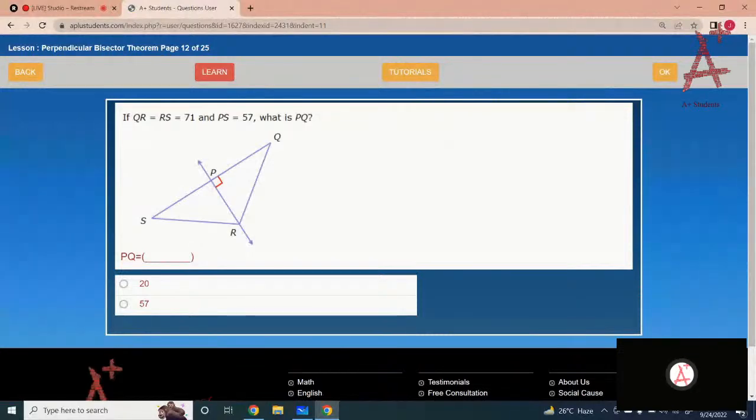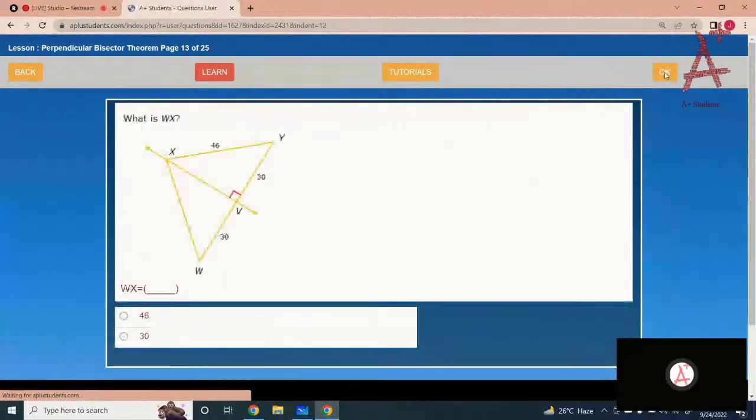PS is 57. So then PQ, is it 20 or is it 57? It is 57 because PS is 57 and they are on the perpendicular bisector. That's why they have the same side lengths.